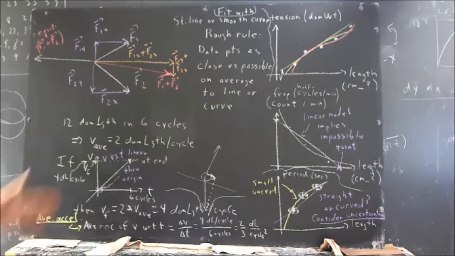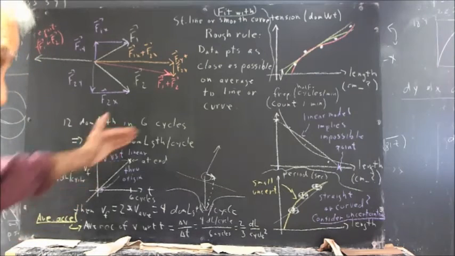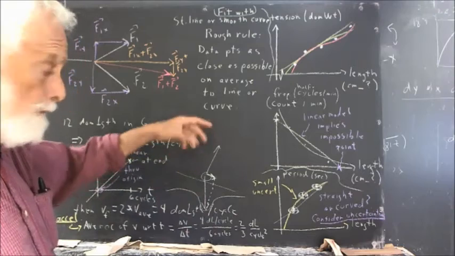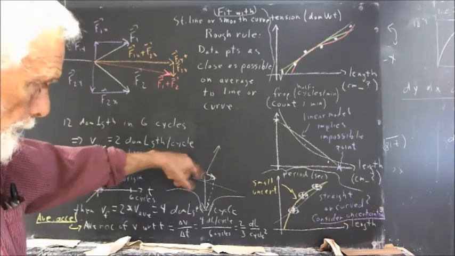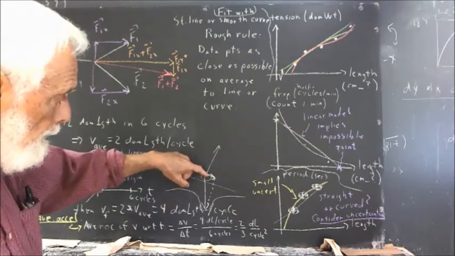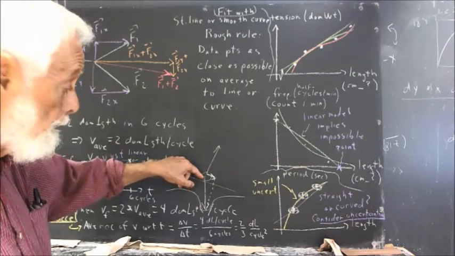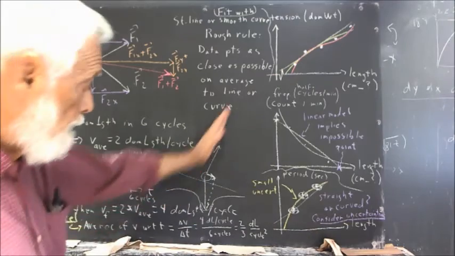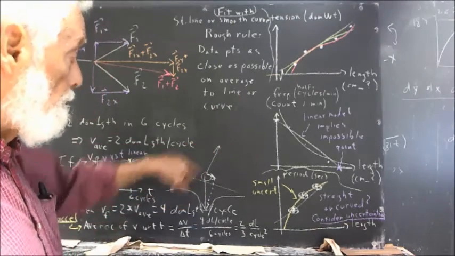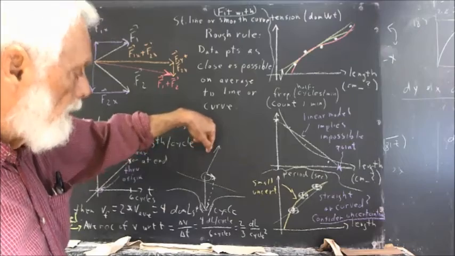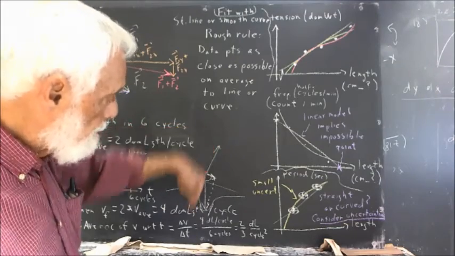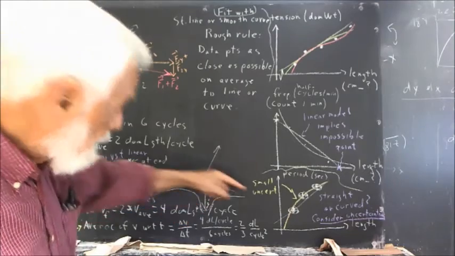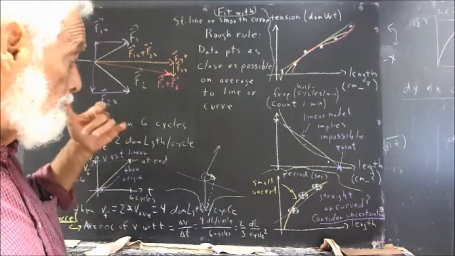The reason we expect the velocity versus time graph to be a straight line is because, well, consider a free body diagram, a very crude diagram. I drew it right at the end of class, and it's not very well drawn, but we have the ball on the incline. We have its weight, gravity pulling down on it, and we have the normal force up this way. The normal force is equal and opposite to the component of the weight that's perpendicular to the incline, but the component of the weight that's parallel to the incline is unimpeded.